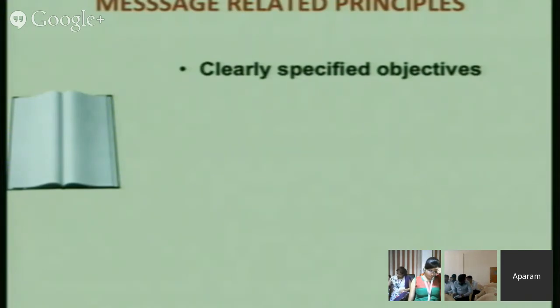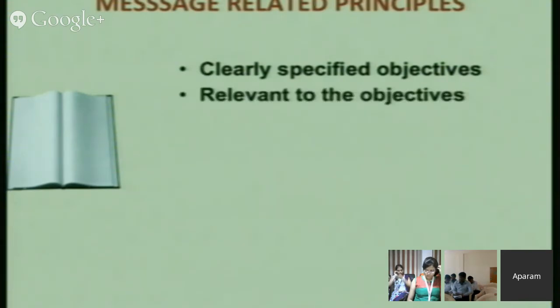Is it that whatever I'm going to teach, they need to be able to solve problems by applying the learned knowledge and skills? Or I want my students to demonstrate the skill? What is it that you expect your students to do at the end of instruction? That must be clear. And then, whatever message you select, that should be relevant to those objectives.